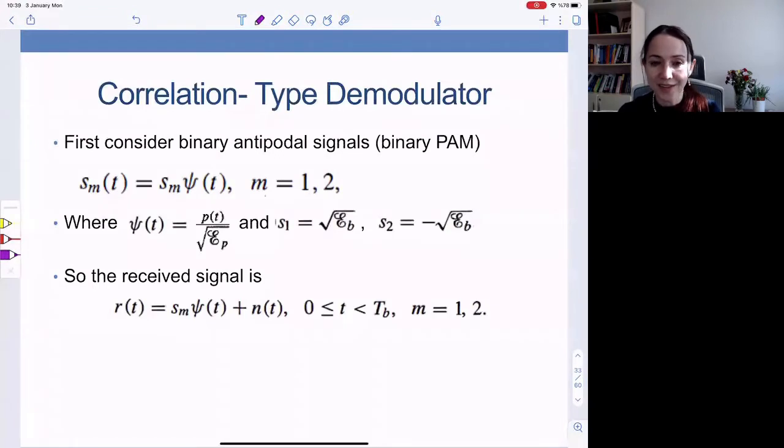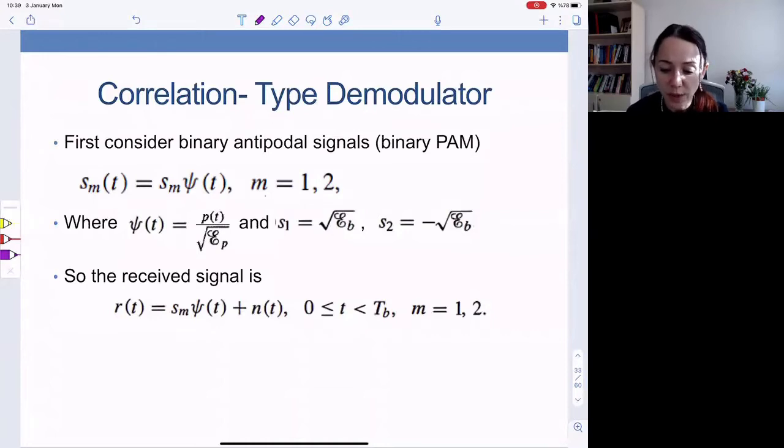Now, for this process of demodulation without loss of information, that is, to produce a sufficient statistic, we will see 2 ways of doing this, which are equivalent. The first is a correlation type demodulator, and the other is called a matched filter.